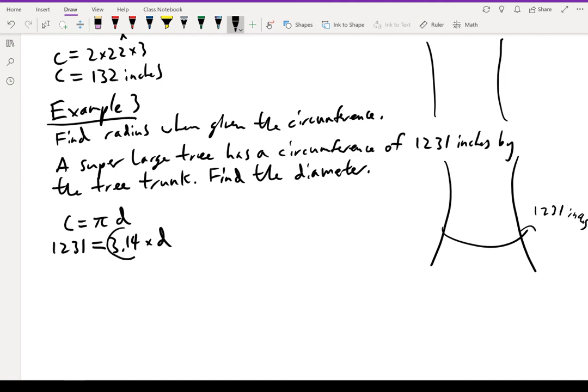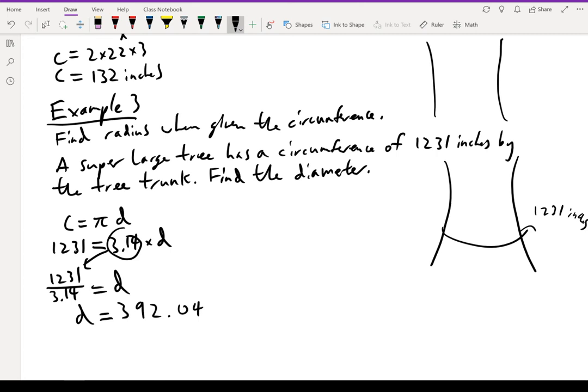I'm going to cross multiply by dividing 1,231 by 3.14, and so we have d is equal to 1231 over 3.14. Put that into your calculator, 1231 divided by 3.14, and you will have d is equal to 392.04 rounded to 2 decimal places.